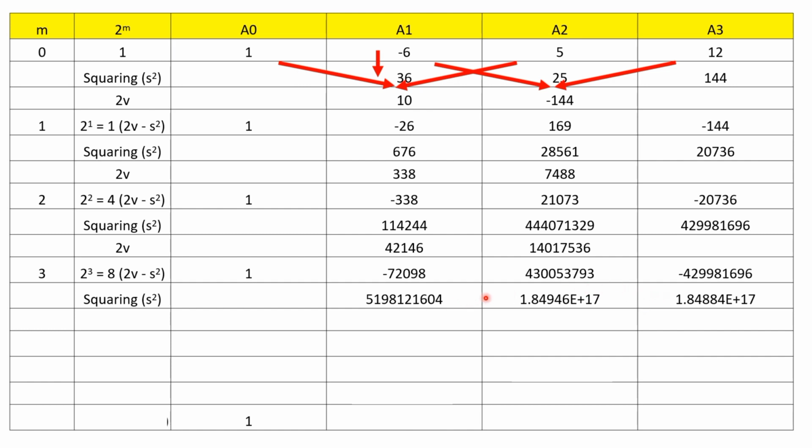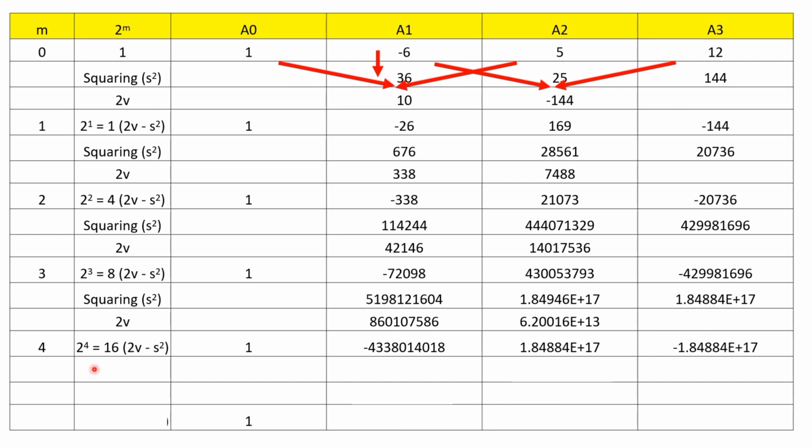As you can see, the numbers are getting long. And 2v, so this is 2 raised to 8. Fourth iteration. You can repeat the same process over and over again until you're satisfied.